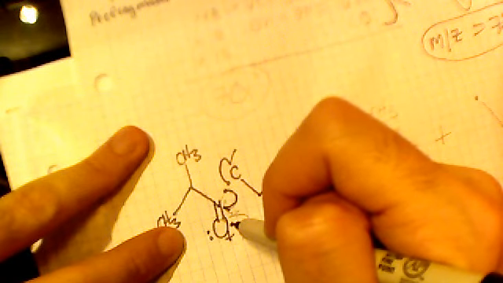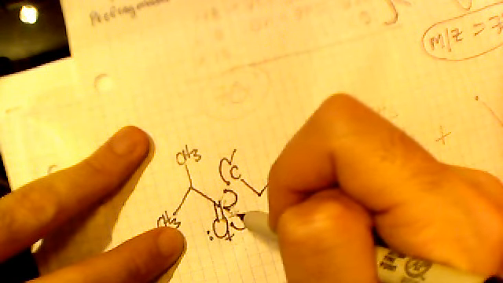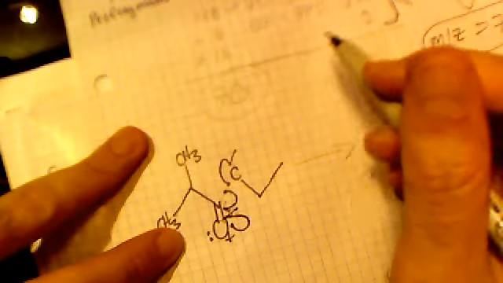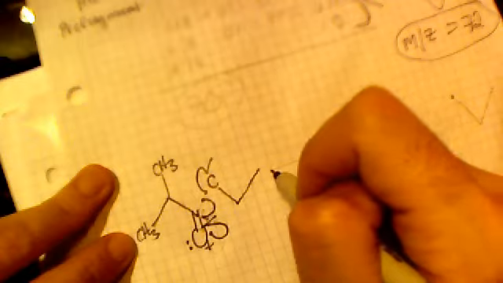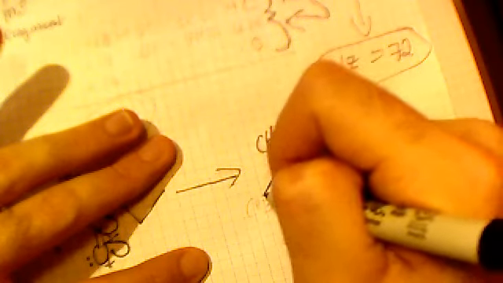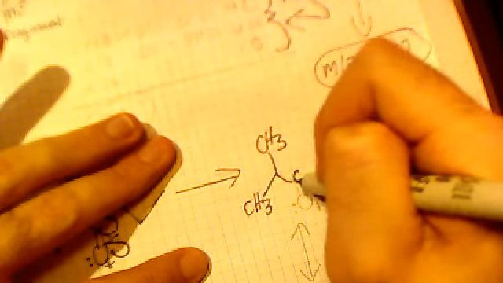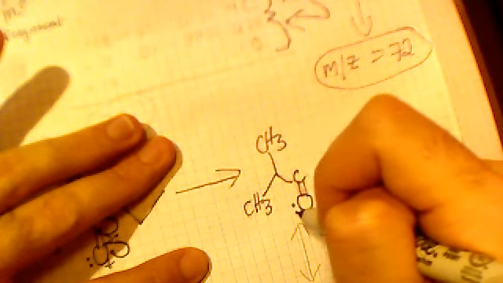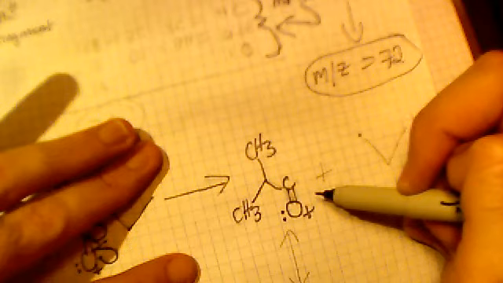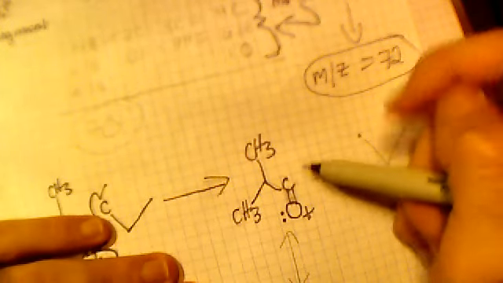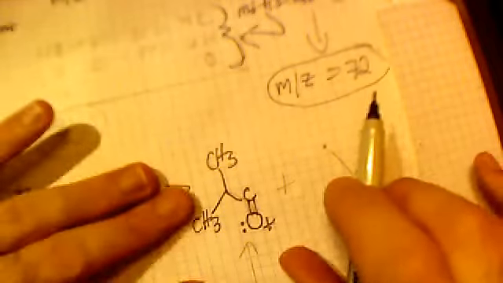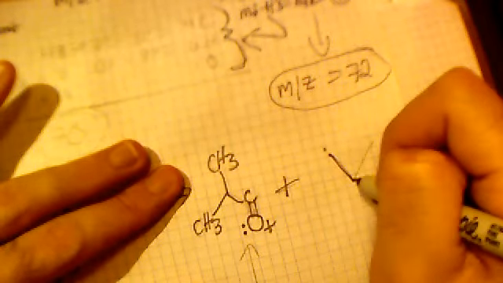The electron from the positively charged oxygen goes right here to this bond, and so that breaks off, and we get the positively charged fragment that's being detected, whose m/z is 72, and the neutral radical, which is C3H7. There are 3 C's there and 7 H's.